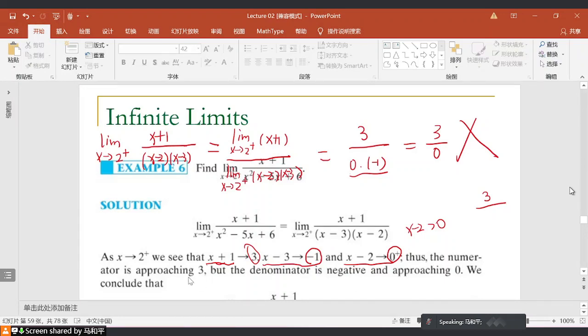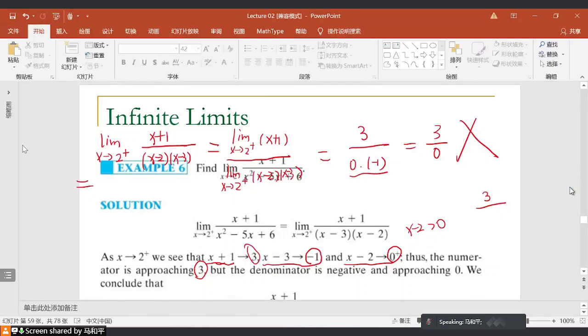Thus, the numerator is approaching 3, but the denominator is negative and approaching 0. You know, we can find the numerator approaches 3, the denominator is negative and approaching 0.